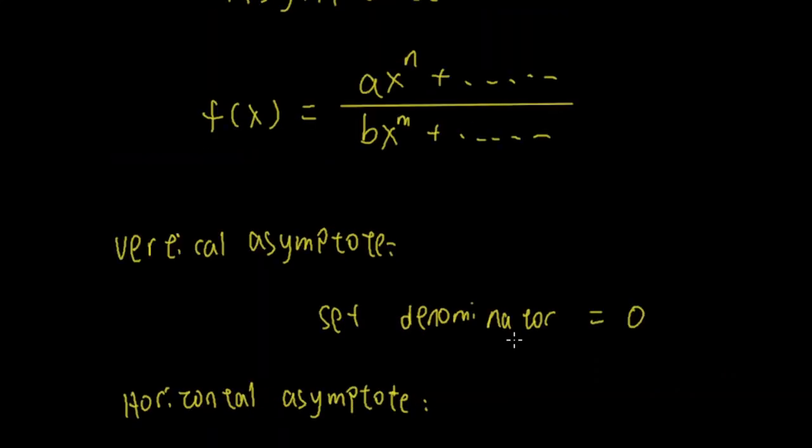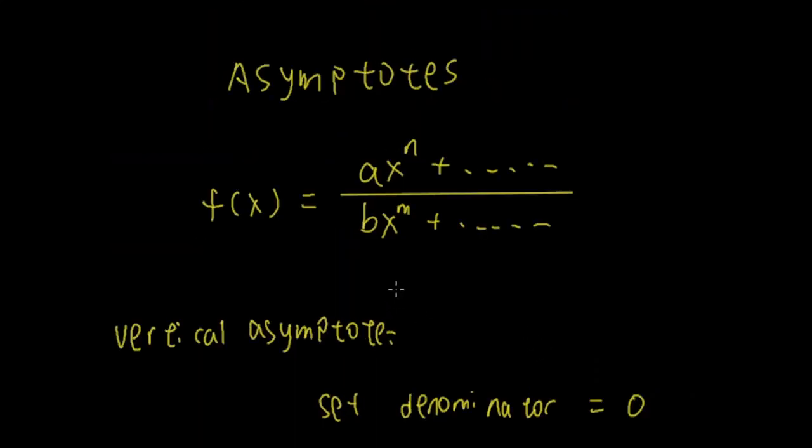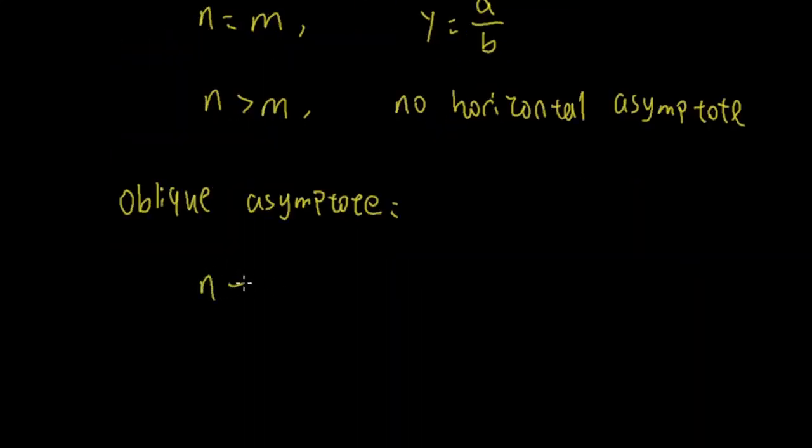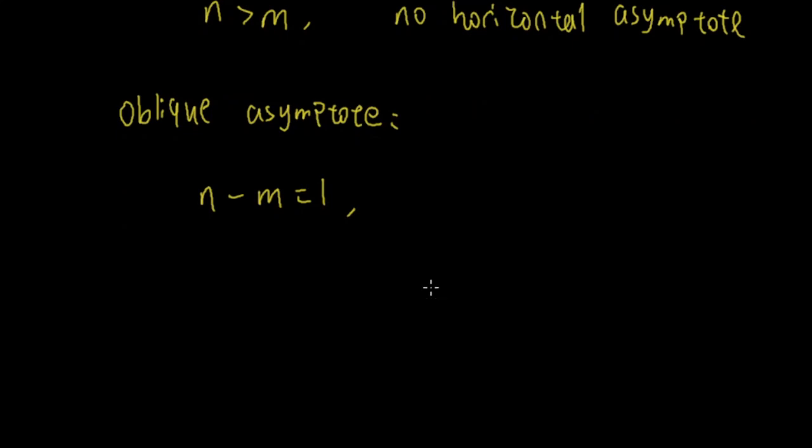It's when the highest degree of power in the numerator is exactly 1 greater than the highest degree of power in the denominator. In this case, n has to be exactly 1 greater than m. So we can say that if n minus m is equal to 1, we will have an oblique asymptote. Now, how do we find the oblique asymptote?